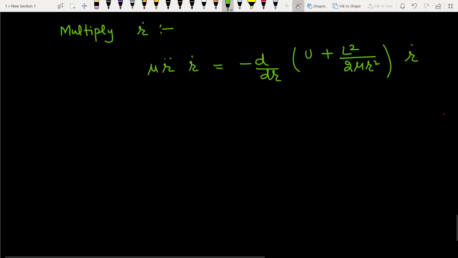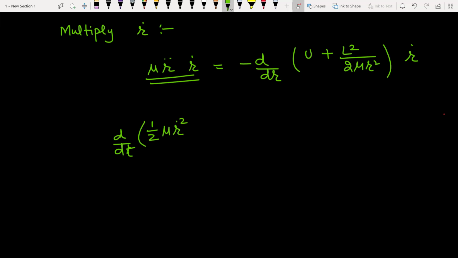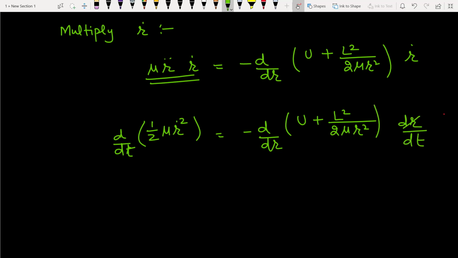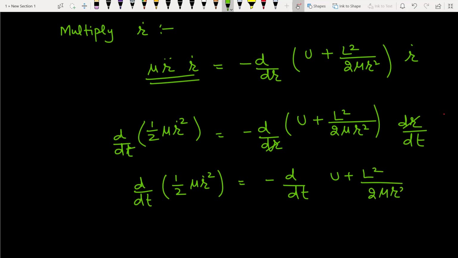This term can be written as d by dt of half mu r dot square, and in the other term dr cancels, dt comes forward, so it is d by dt of U plus L square upon 2 mu r square.